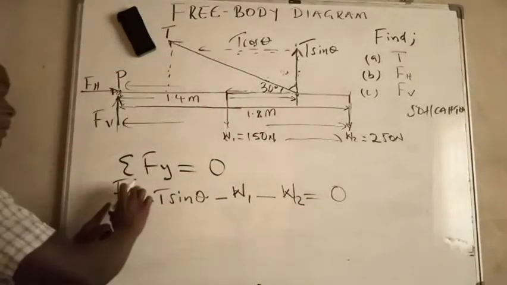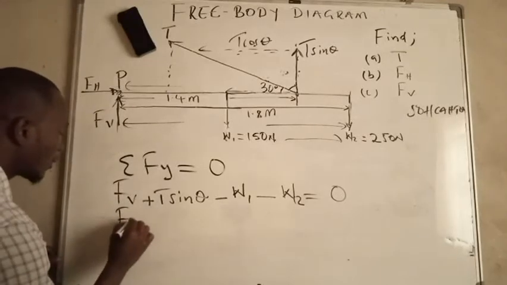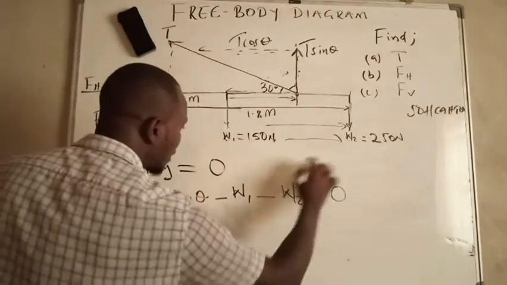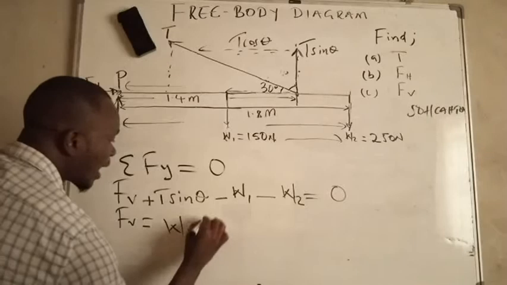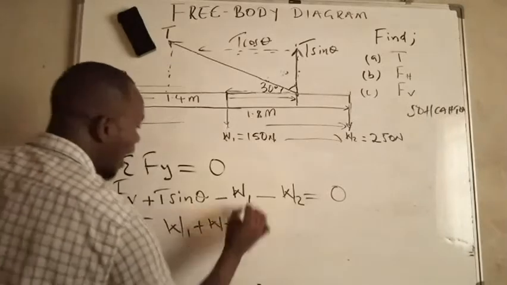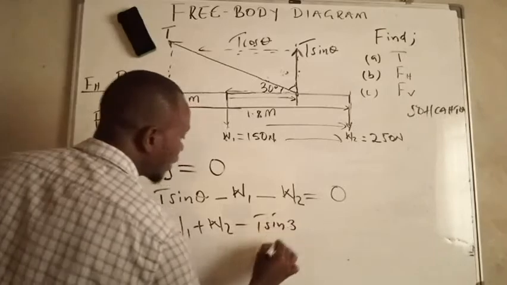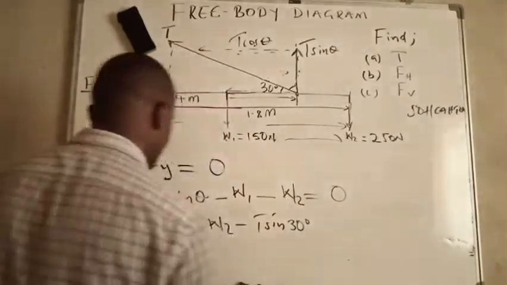If we make this FV the subject of the formula, since it's the one we are looking for, FV is equal to, when these cross the equal sign, W1 plus W2 minus T sine 30 degrees.